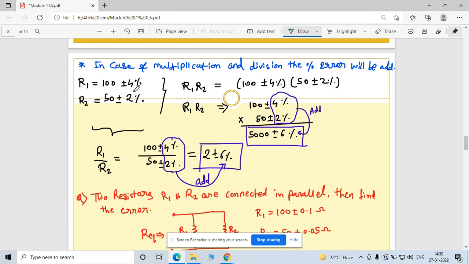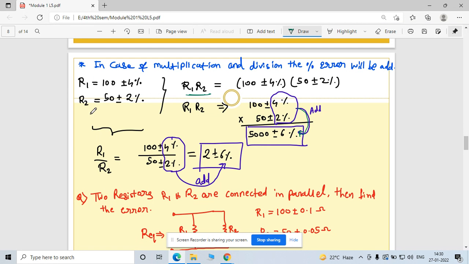So here, when you take the multiplication, directly take the multiplication of these two readings. In that you always add the percentage error directly, right? 4 plus 2 is 6%, and multiply these two terms. So this is your error.